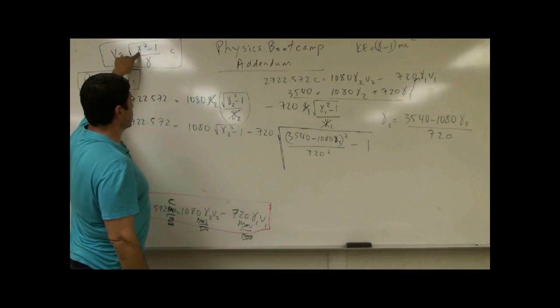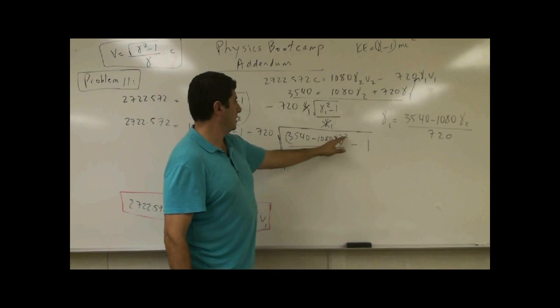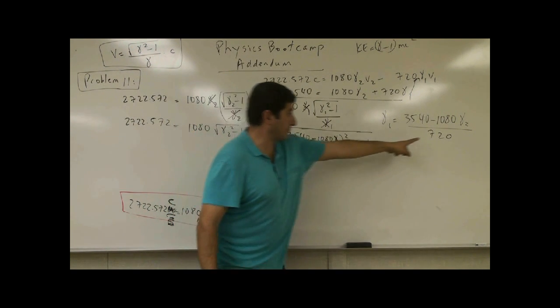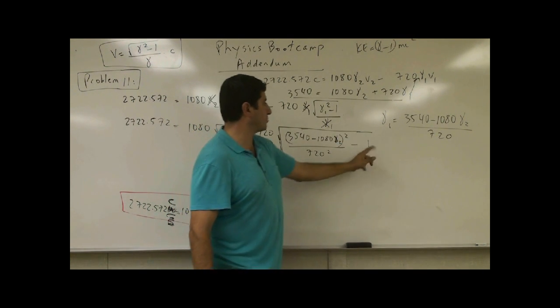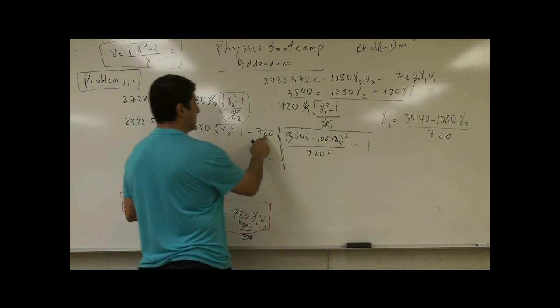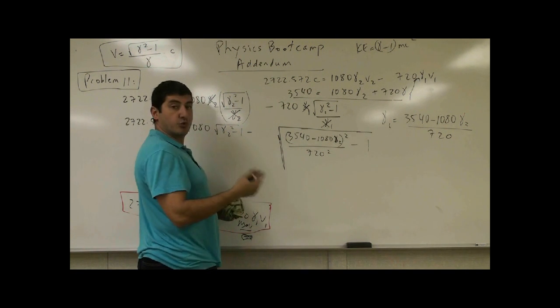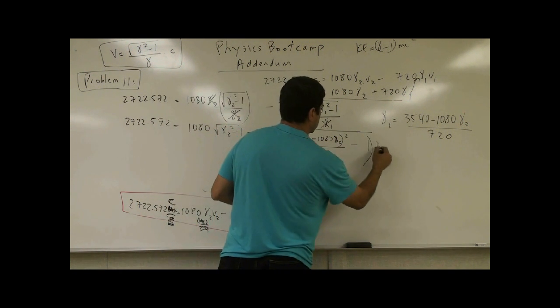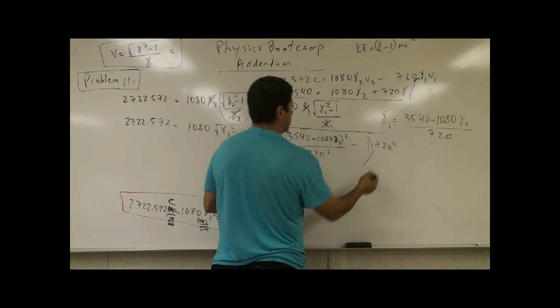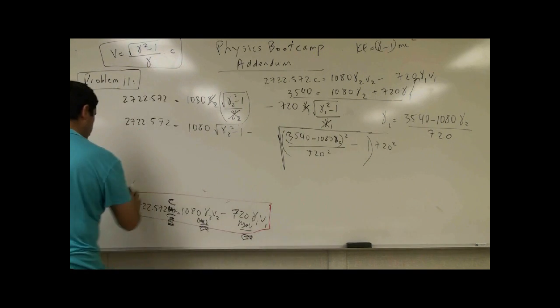So I'm basically applying this equation. I'm squaring the whole thing, and I'm also squaring the bottom, and then subtracting 1 from it. But one of the things you can do is take the 720, bring it into the radical as 720 squared, and then when you distribute that, you'll get rid of this. Okay, so the summary will be what?